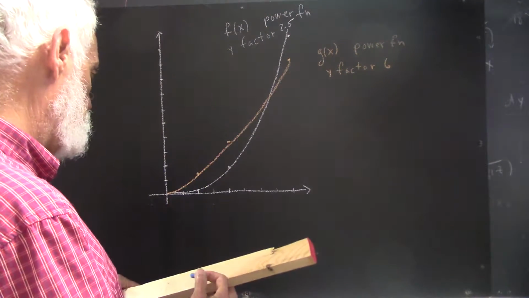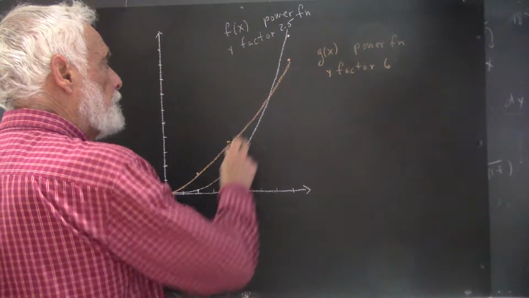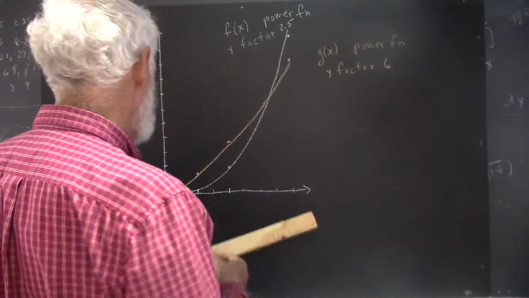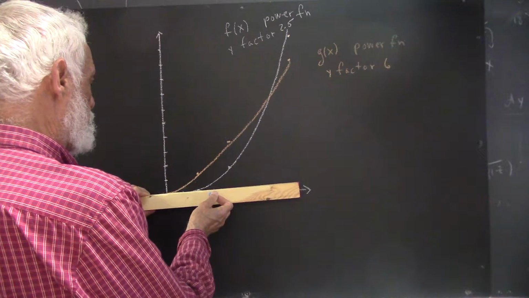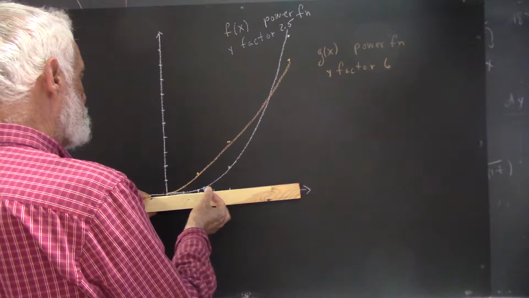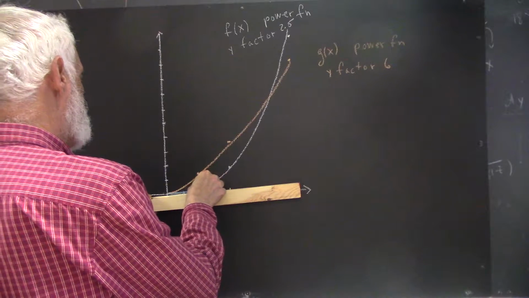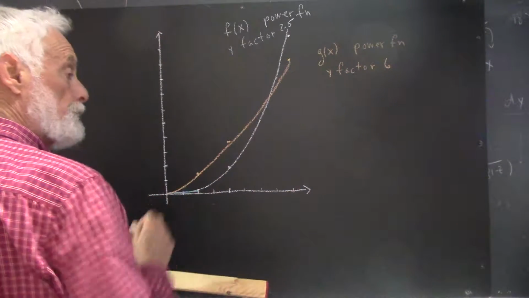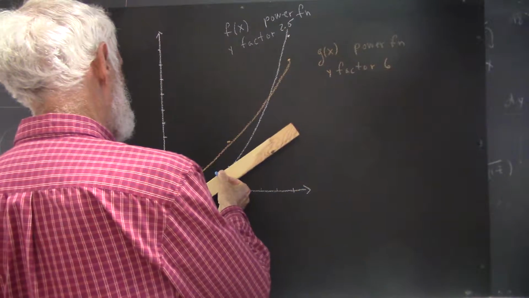The first thing I'm going to look at is just the slope between the pairs of points I used to construct these graphs. So, okay, I can sketch a line segment between the first and second points of this graph. It's got some slope.